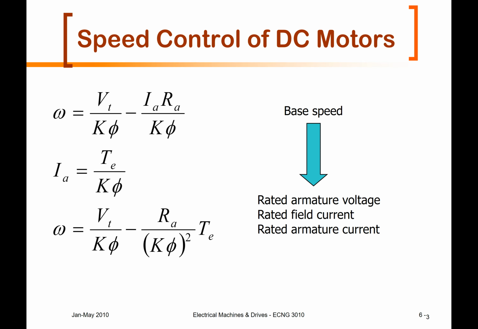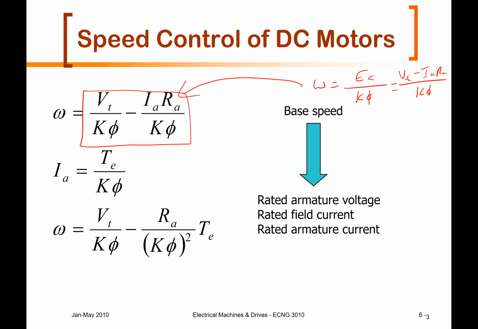So if you remember, we had an equation: omega is equal to EA on K phi. And EA, as you know, is Vt minus IA RA on K phi. We could represent that like this, as this equation here.